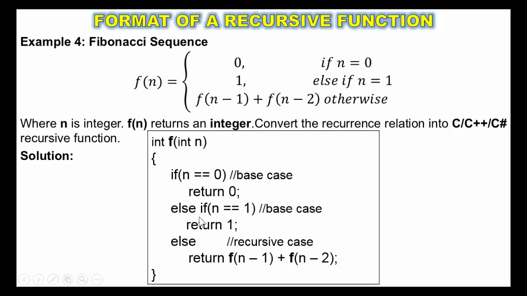So we write else if n is equal to 1, return 1. The condition otherwise is the recursive case. So we write else return the function call f with an argument n minus 1 plus the function call f with an argument n minus 2. And that is the solution for the Fibonacci sequence.